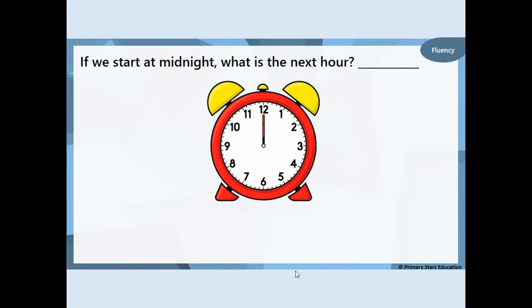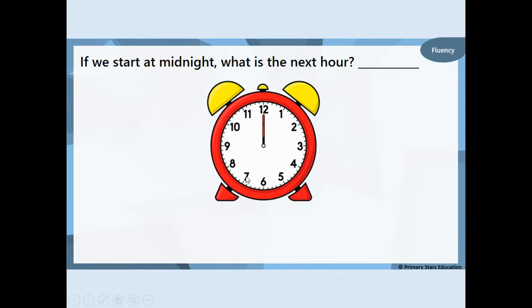Okay, if we start at midnight, what is the next hour? Let's remind ourselves, what is midnight? Midnight is 12 o'clock in the middle of the night. It's actually when the new day starts. This is when we are all fast asleep in bed. So we are looking for what is the next hour.